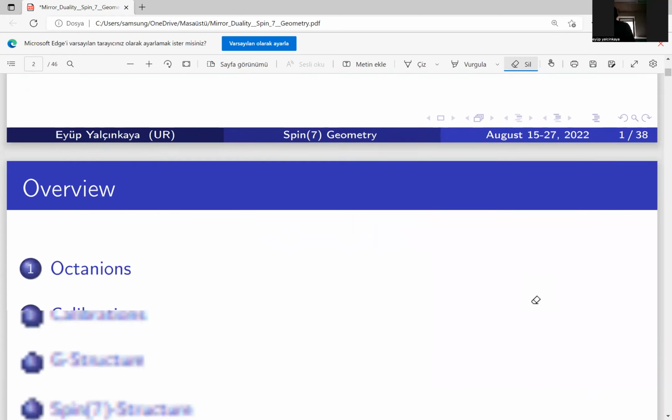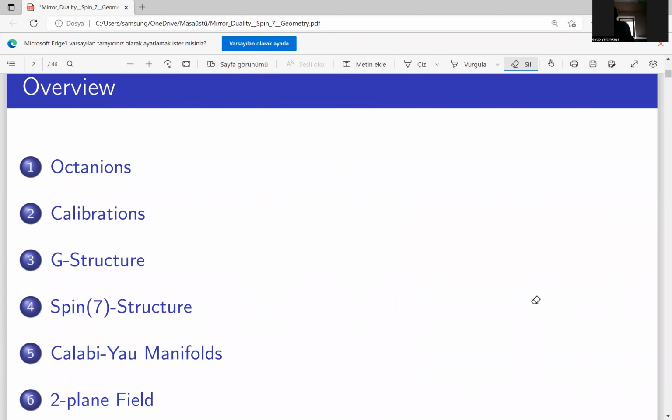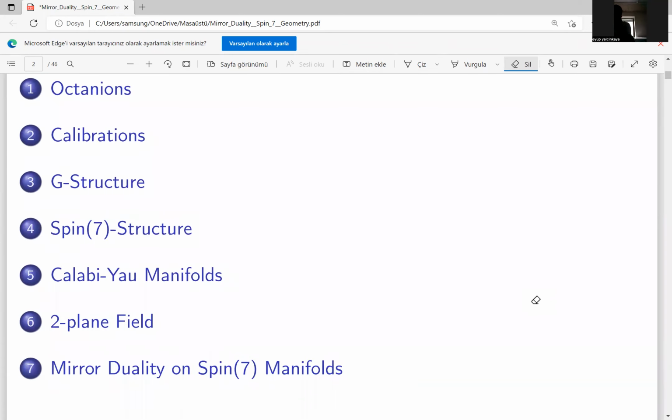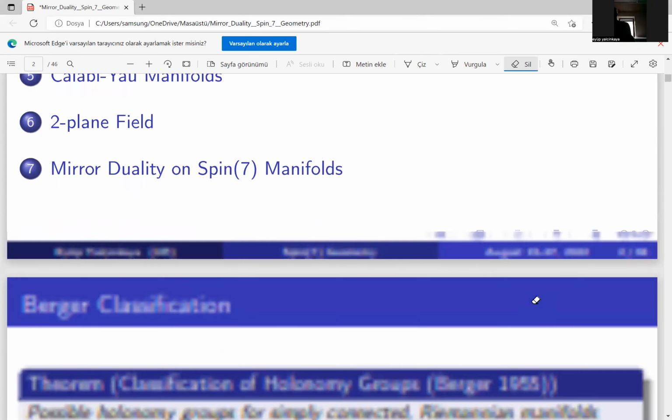So the overview is: octonions, then calibrations and G structures, spin 7 structure, Calabi-Yau manifolds, two-plane fields, and at the end of the lecture we will cover mirror duality on spin 7 manifolds.